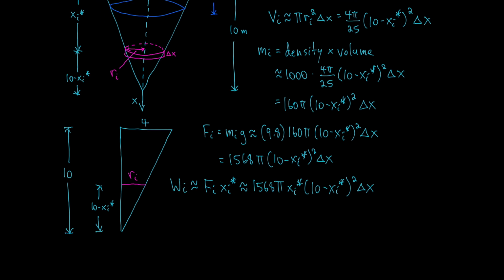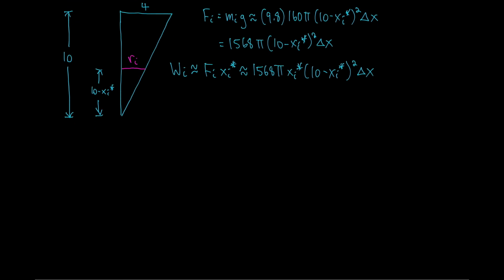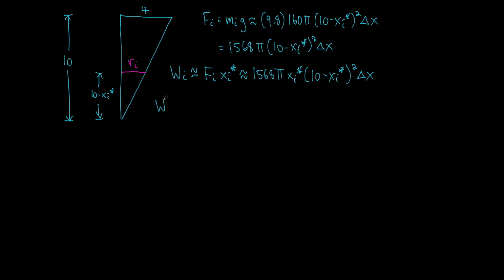Now that we have the work done for a single disk, we can stack up all of the disks inside of this thing to get the work done to move all of the water. So we write the total work as the limit as n goes to infinity of the sum from i equals 1 to n of 1568 pi xi star times 10 minus xi star squared delta x.